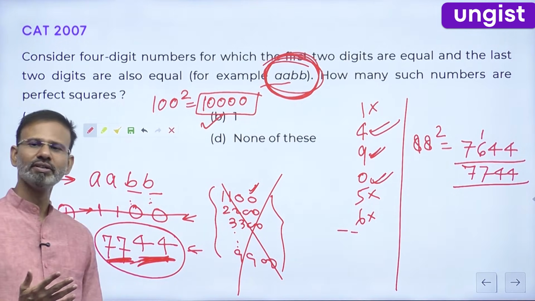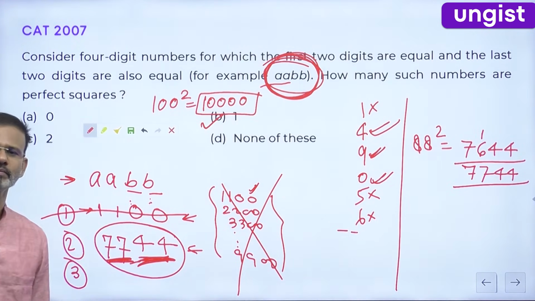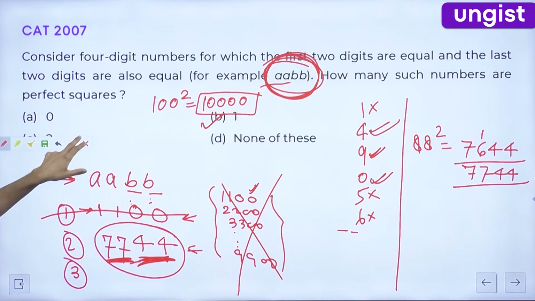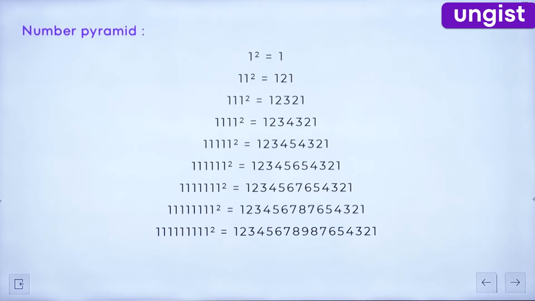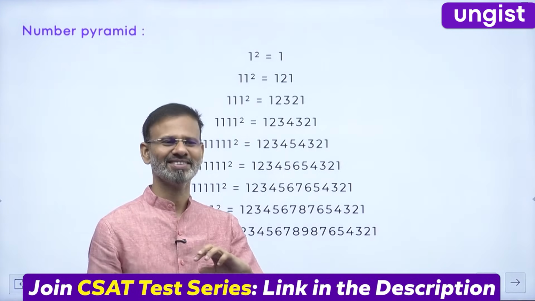Shall we move now, everyone? Okay. ठीक है. Guys, the number pyramid. You might have observed this number pyramid in some school books, right?